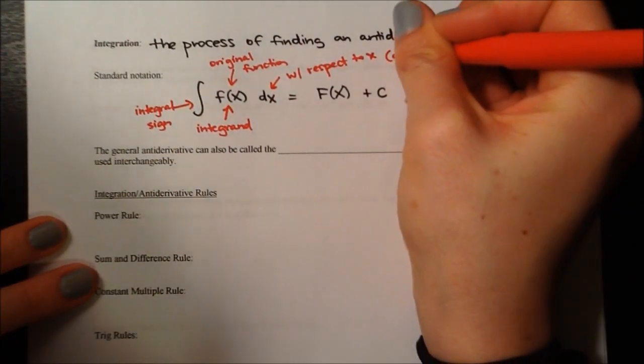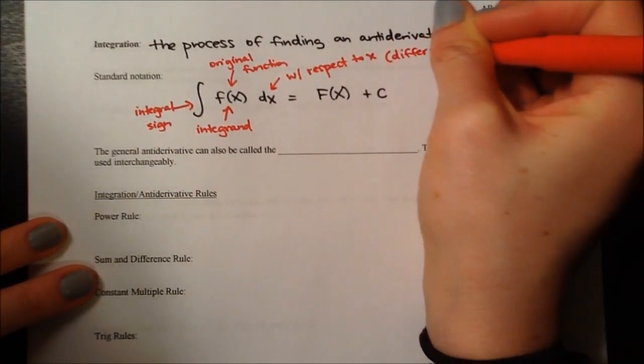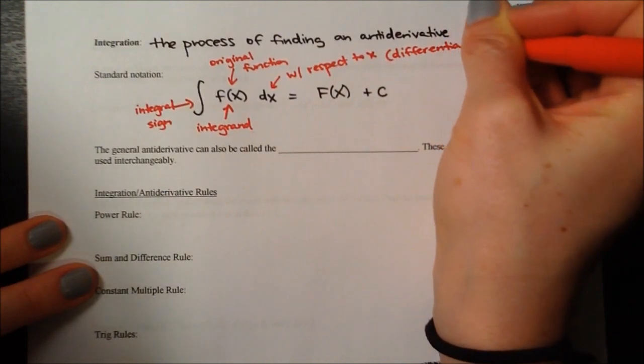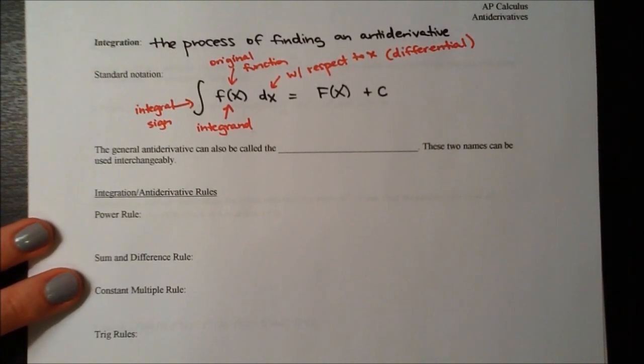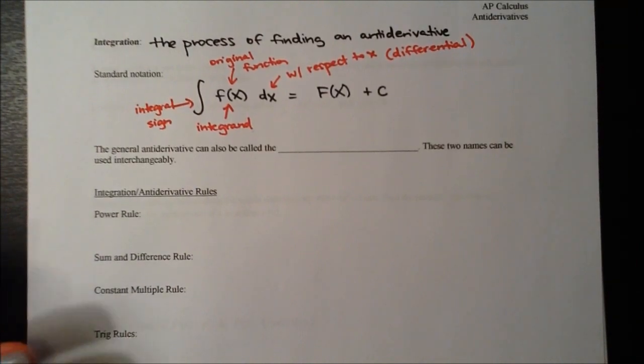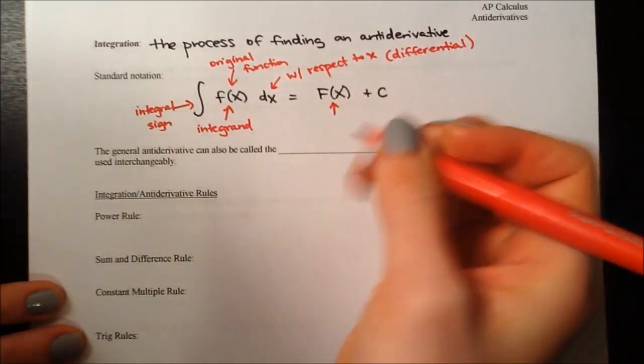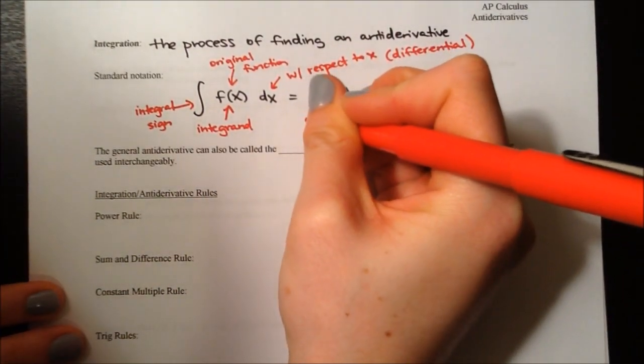What it's called is the differential. So the differential could be dx, dy, dt, d whatever. That means it's the variable for right now. It's what variable you have in the integrand. It's what you're taking the antiderivative with respect to, just like what you're taking the derivative with respect to. And then this piece of it right here is the general antiderivative.